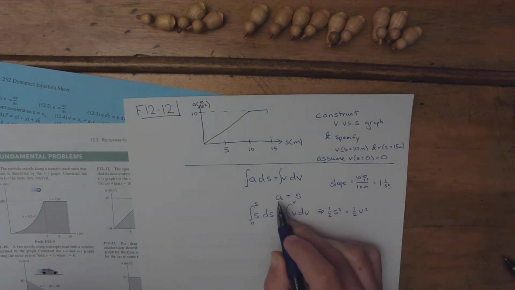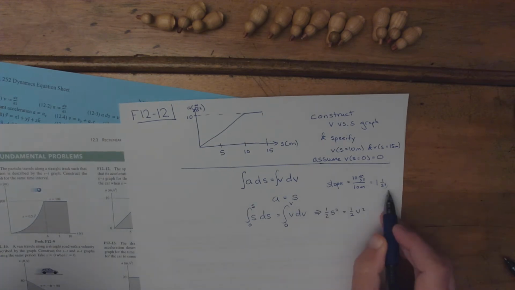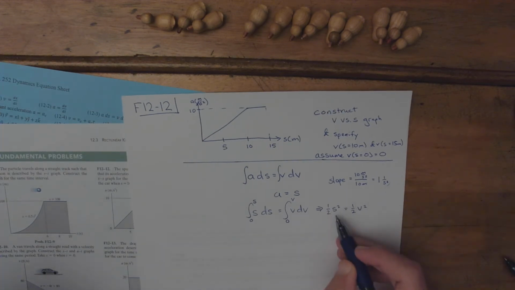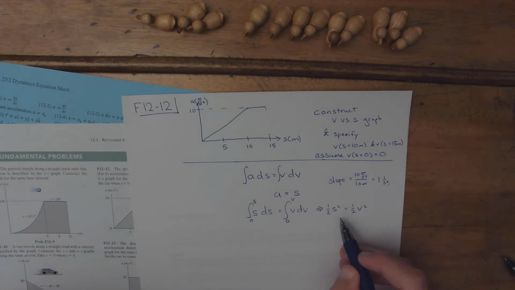So not only is the acceleration equal to s with the appropriate units thrown in there, the velocity is equal to the position. I guess the only thing you would have to be careful about here is when you take the square root of both sides, if the position and the velocity are going to have the same signs or if they're going to have opposite signs.